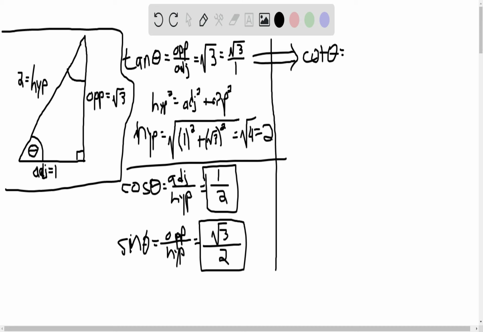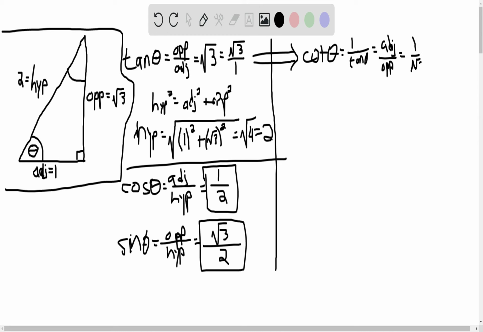So looking across right from our tangent function, we see that's opposite over adjacent, or we could say 1 over tangent theta, and we can just flip our definition for tangent, and that's adjacent over opposite.